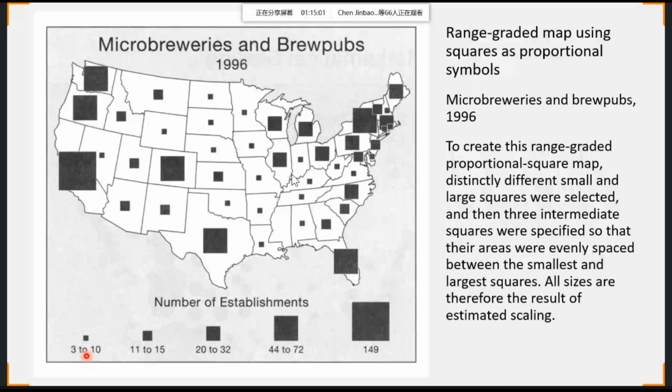Therefore, it's a range-graded map. And then for the next class, you have another size. And you define the smallest and largest first. Of course, then you have to check. The largest should not be too large, so that it covers the areas that are represented here.